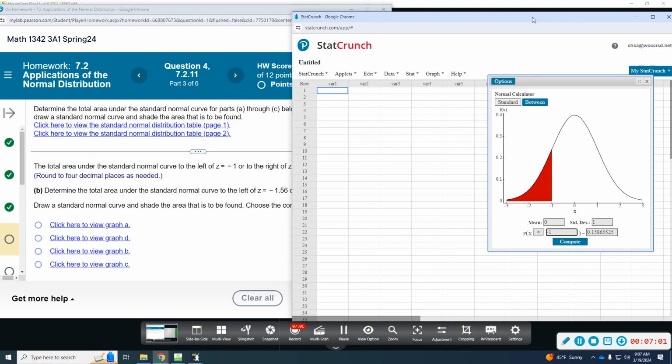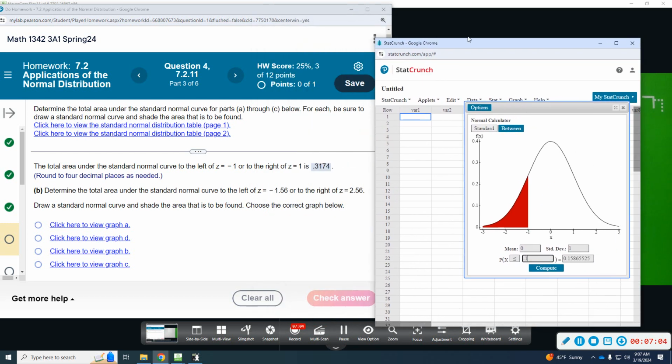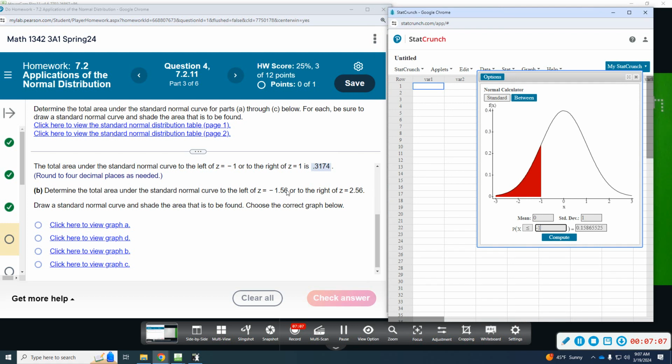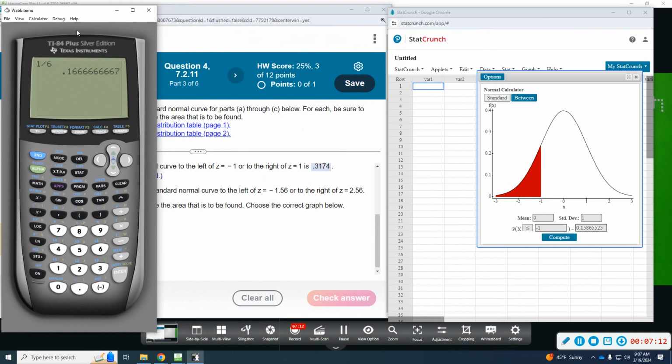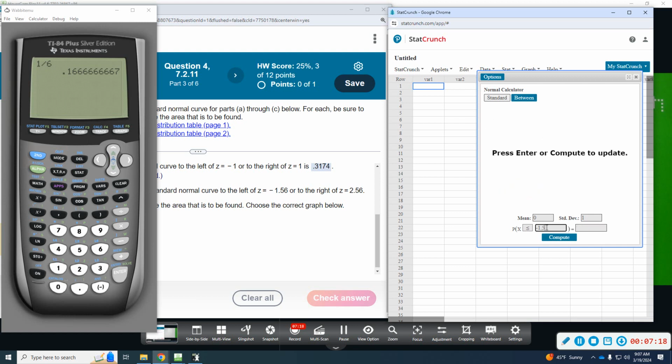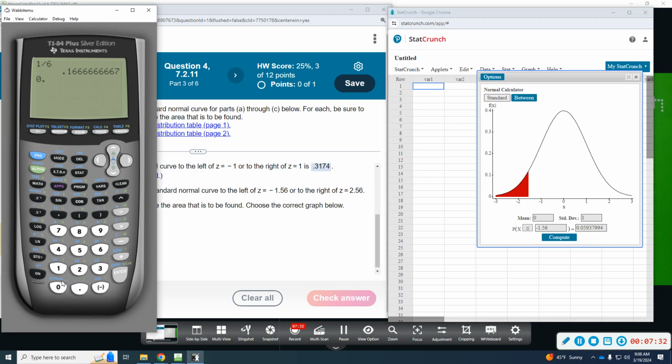So we're looking for left of 1.56 and right of 2.56. So StatCrunch is going to find both of those for me, and I'll just add them in the calculator. So left of 1.56, that's -1.56. It gives me 0.0594. Now the area to the right of 2.56 is the same as the left of -2.56.